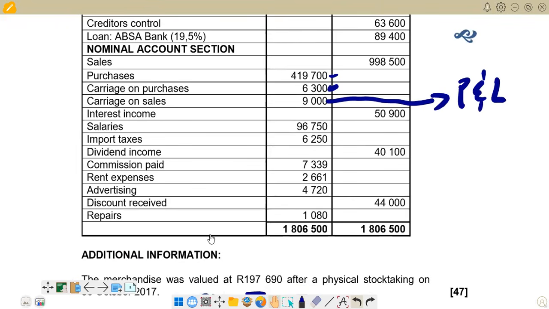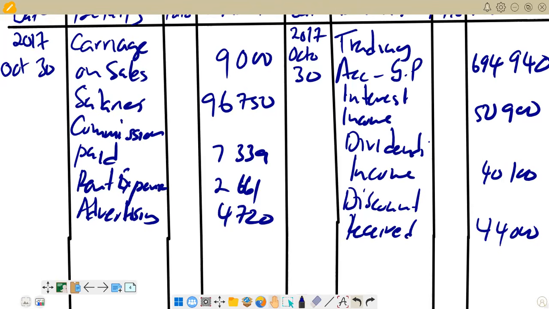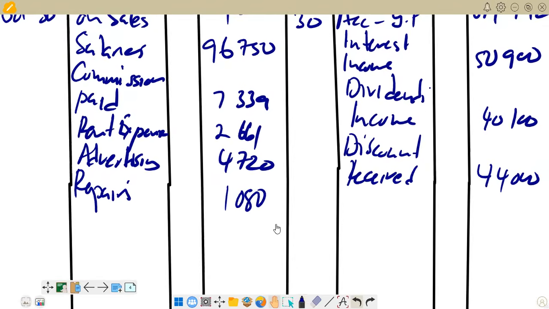Repairs is an expense at debit side. We are saying repairs, and the amount for repairs that we are using there is 1,080. So this is what we have there.